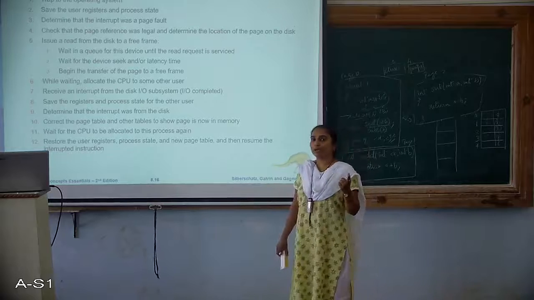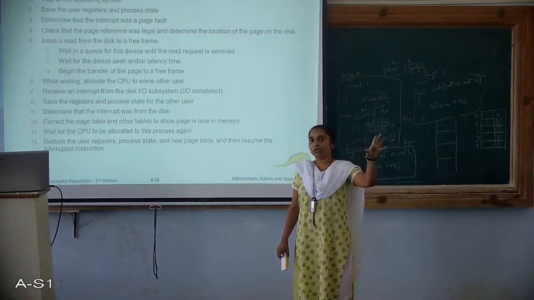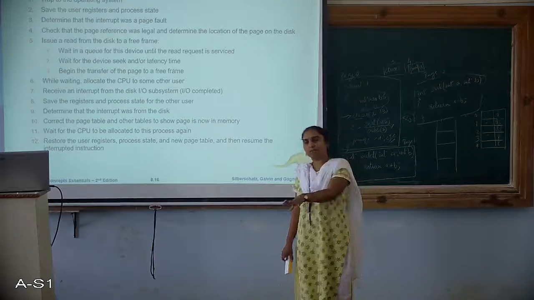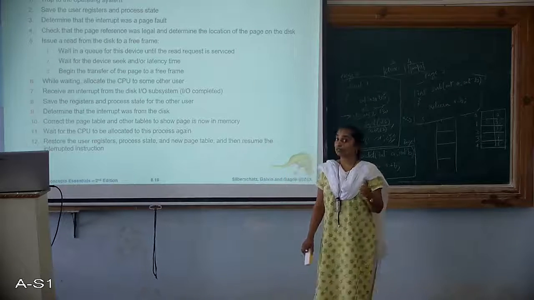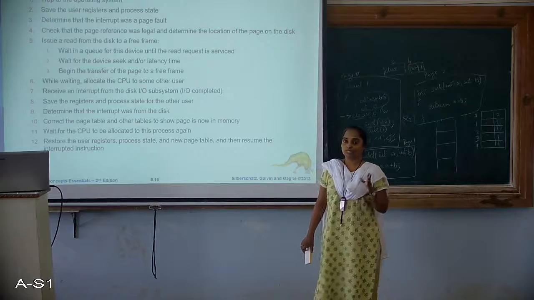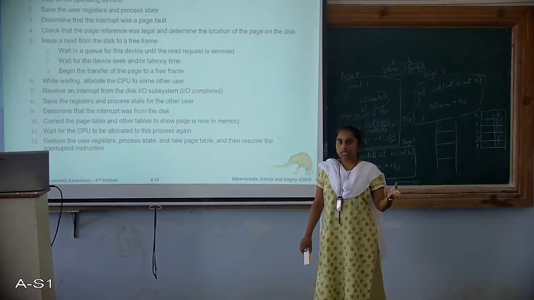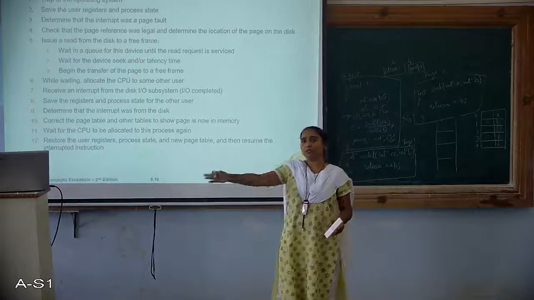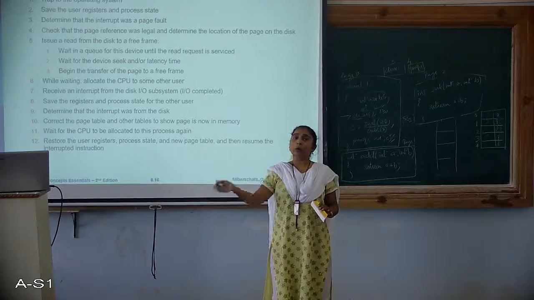This was not told earlier, but when a trap to the operating system is sent, the first thing the operating system does is remove whatever is the CPU's current status, put it into the PCB and save that process into the waiting list, because it has asked for something and I have to fetch that something, so it will take some time. By that time, the CPU can execute some other process instead of sitting and waiting there doing nothing.